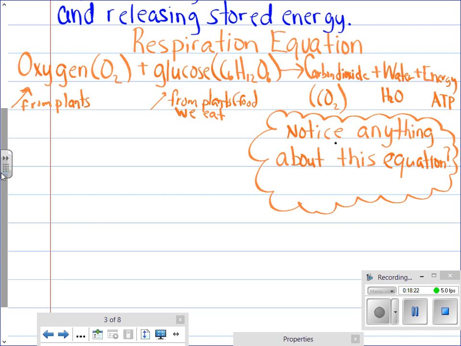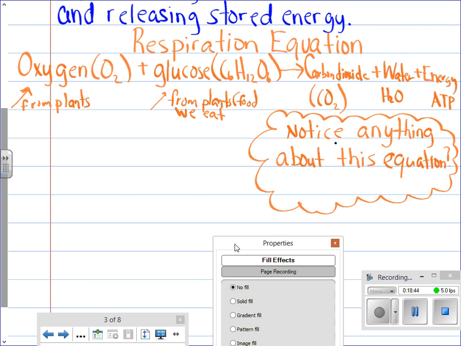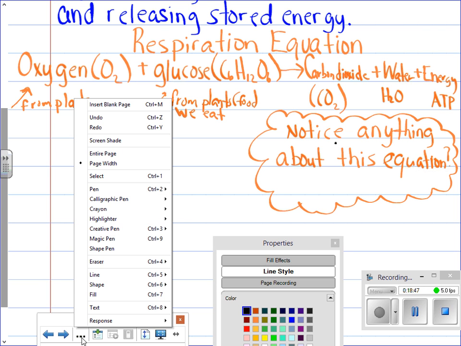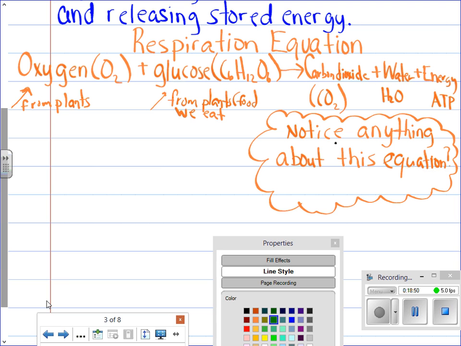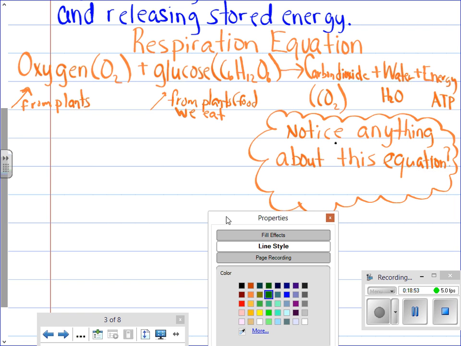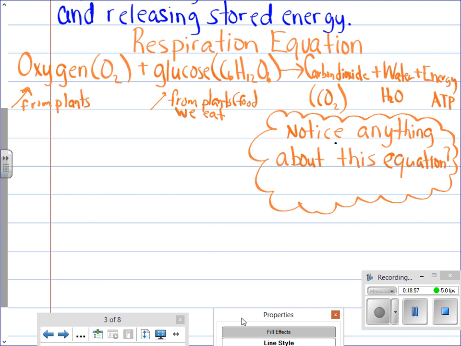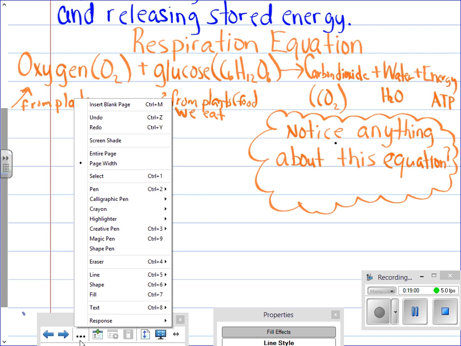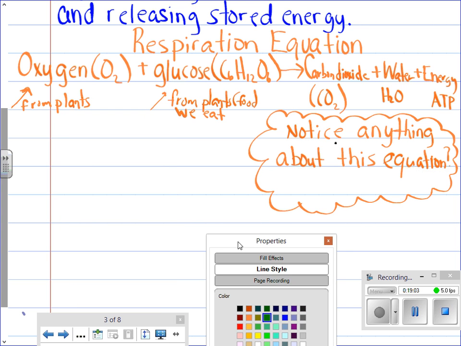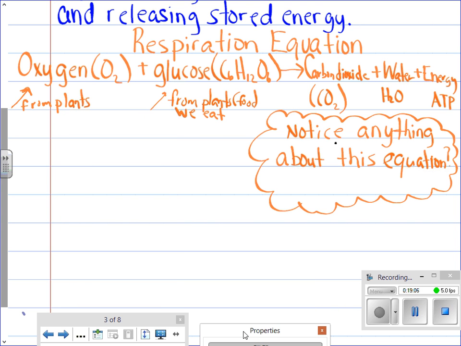Take 20 seconds to look at the two equations and see how they relate. All right, who sees a relationship between the two equations?